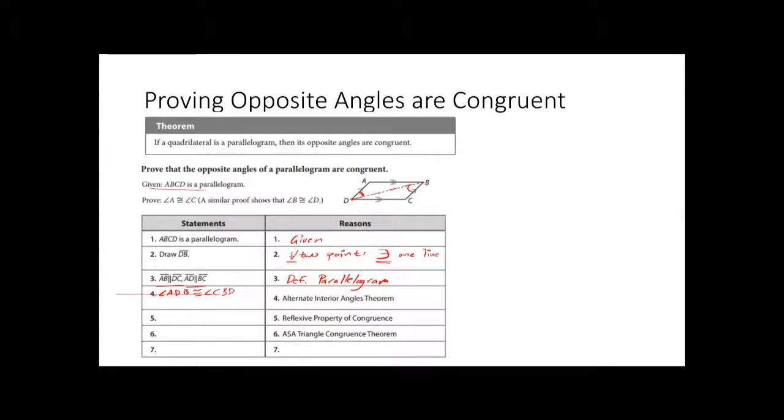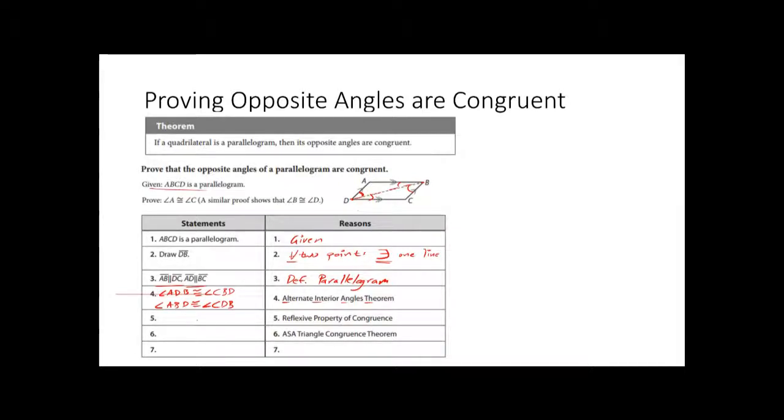All right, and then lastly, we have angle ABD is congruent to the other angle, angle CDB? Yeah. And again, that's because of alternate interior angle theorems.